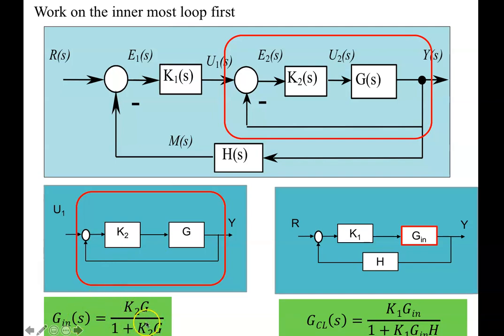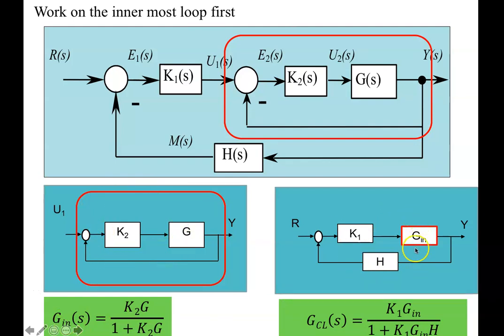Say the transfer function here is GIN, it's the inside loop. Once I derive the transfer function from U1 to Y, I can replace everything inside this red block with a single transfer function. That's GIN that I worked out in step number 1.